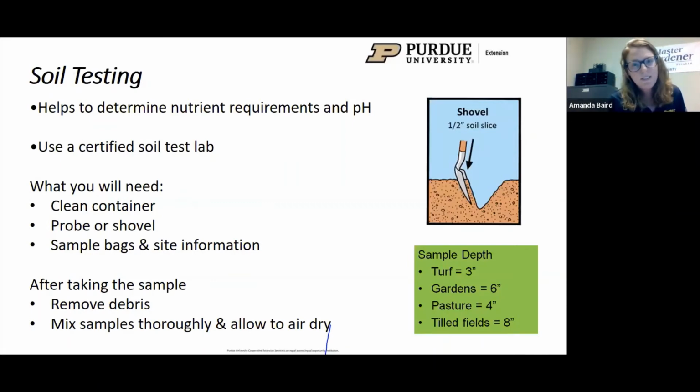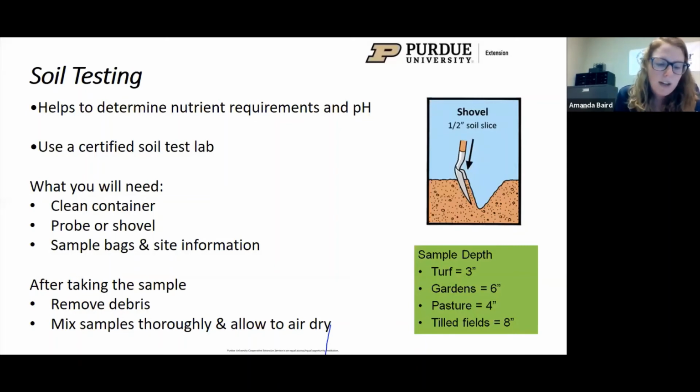Now, soil testing. Soil testing is extremely important. We always say that this helps us as the home gardener know how to have the right nutrients and to keep our gardens looking the way that we want them to and our plants healthy. However, the results and recommendations of a soil test are only as good as the sample that you submit. And if you are collecting a poorly collected sample, you could actually get some misleading results.